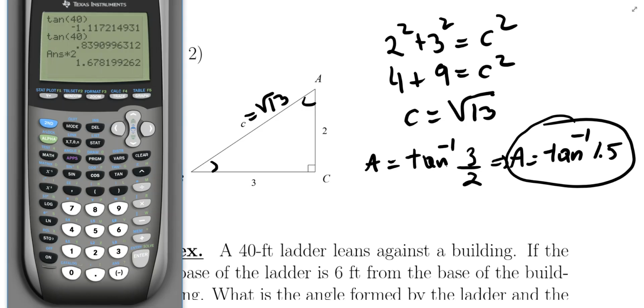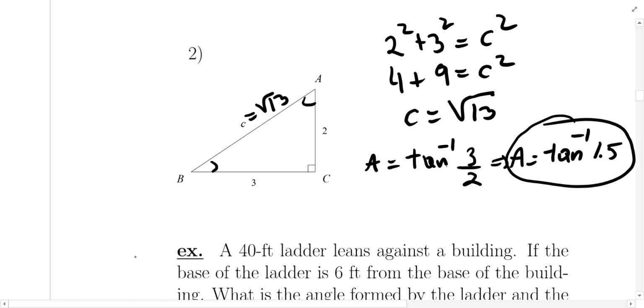So let's just see one example. If you are using a graphing calculator, you have this tangent to the -1, so I have to press second tan, and that will give me the inverse tangent. You just put in 1.5, and you get 56.31. So A is actually 56.31 degrees.